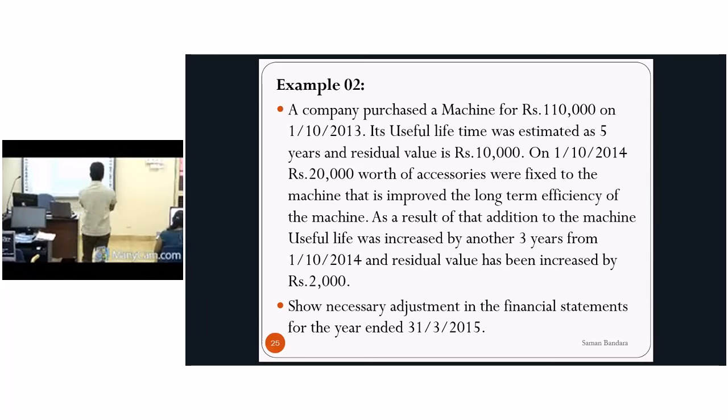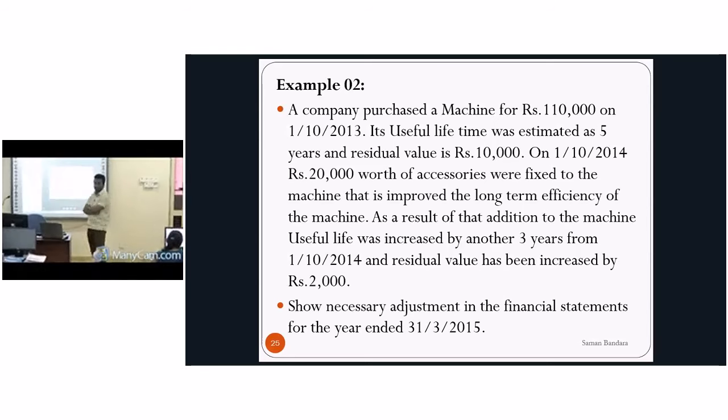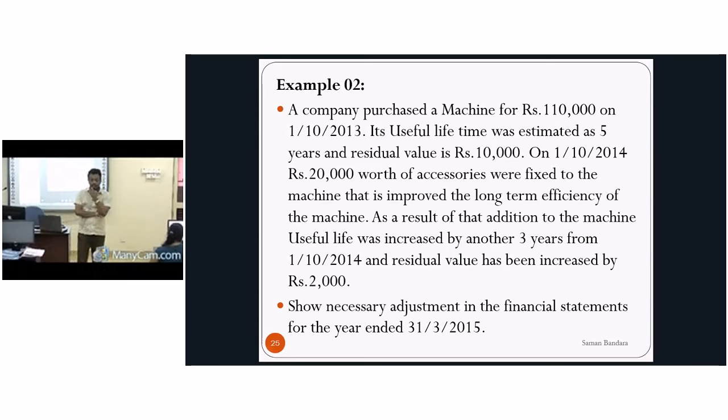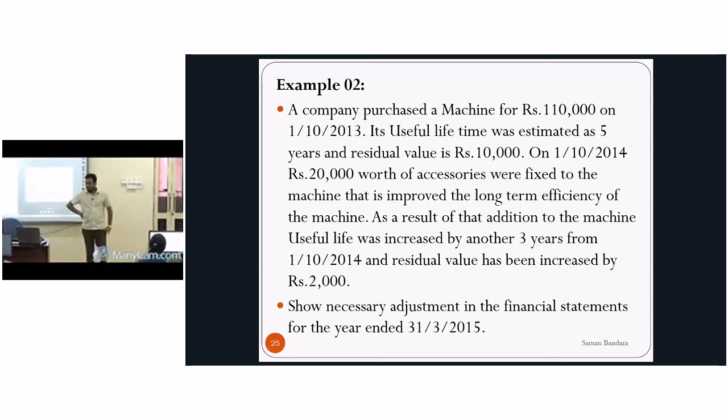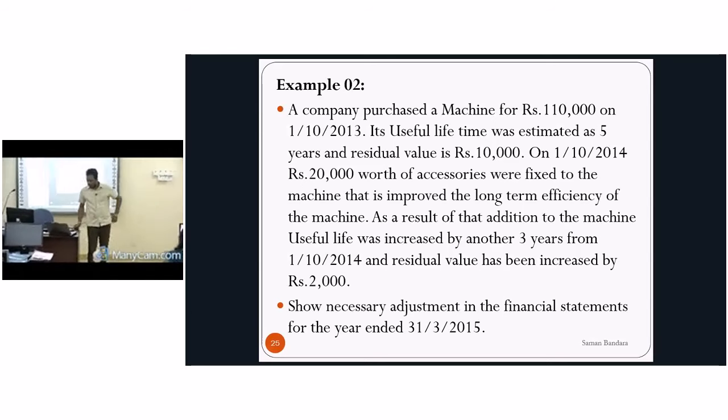You have to recognize it as change in accounting estimate, which comes under LKAS number 8. Right? It is partly mixed with LKAS 16 also because depreciation is there. Then the second point: since it is a change in accounting estimate, how should this be adjusted? Prospective application.